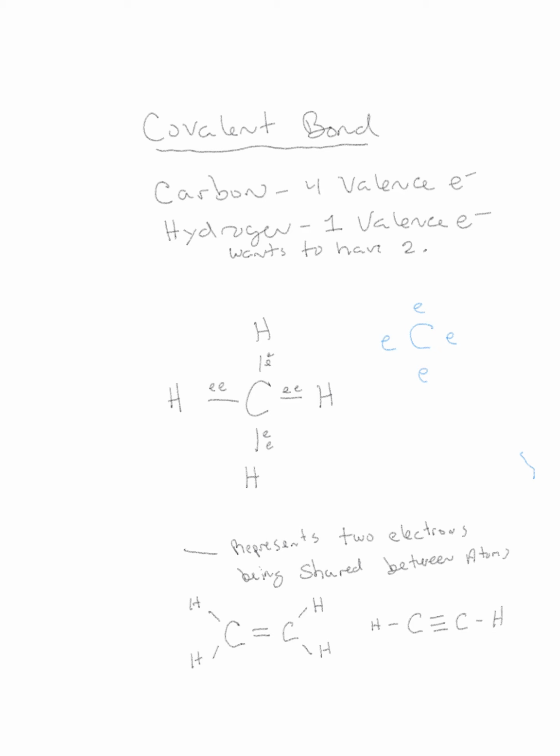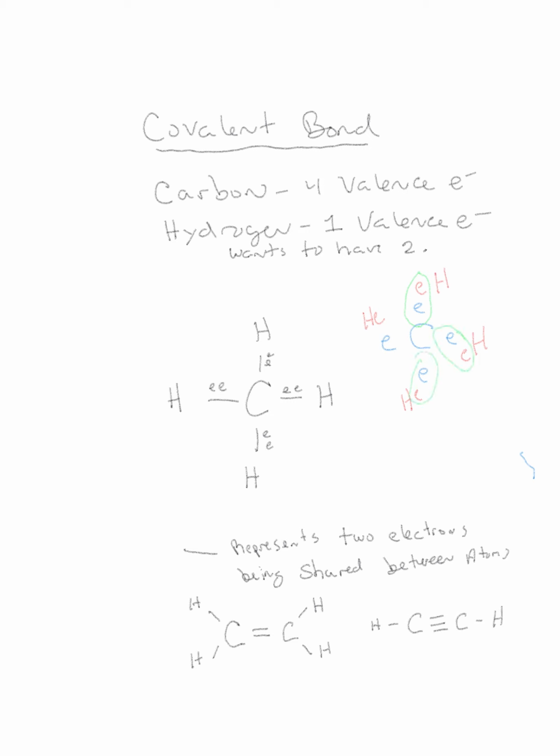And when we look at it, you'll see the hydrogens, their valence electron. I'm going to make hydrogen in red. It has 1 valence electron. What you're going to see is that the valence electrons are going to be shared between the hydrogens and the carbon.